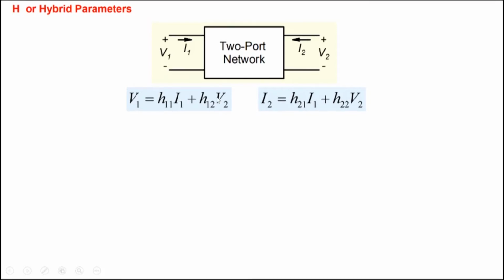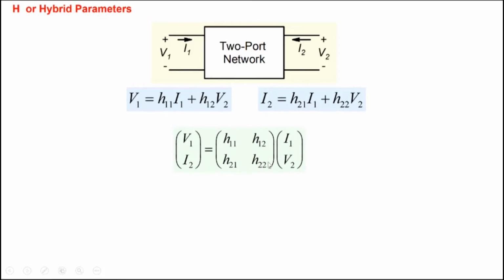In the previous cases, the independent variables were either both currents in case of Z parameters or both voltages in case of Y parameters. In this case now, we have mixed the two, and so these are called hybrid parameters here. H11, I1, H12, V2, and all that. And in a matrix form again, they can be represented in this way.